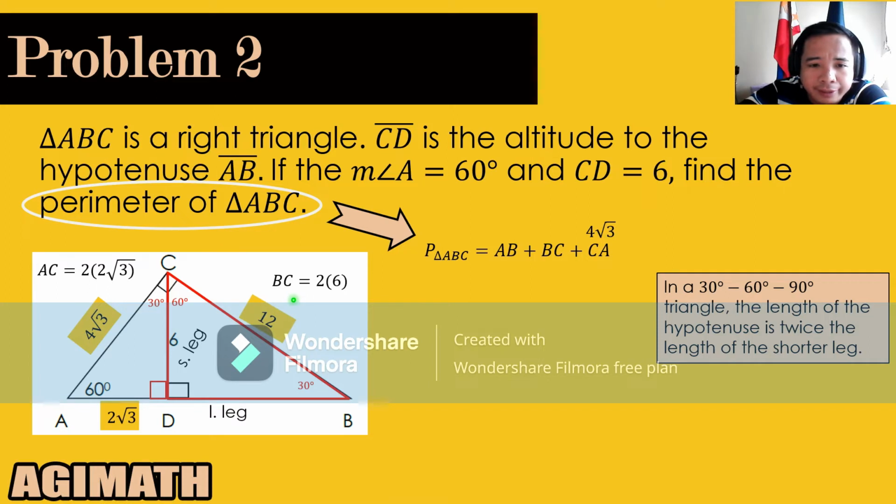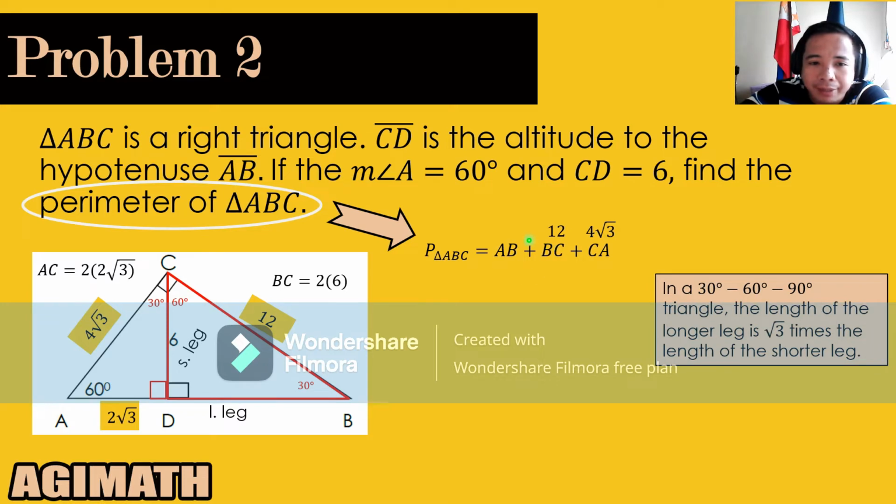And we know that BC is equal to 12 because 2 times 6 is 12. So this time, we have another value that we are looking for, the length of CB or BC, which is equal to 12. So what we are lacking now is the length of AB, and that is not difficult.